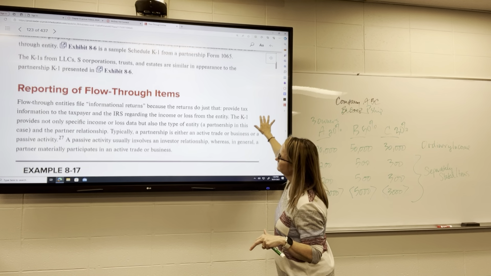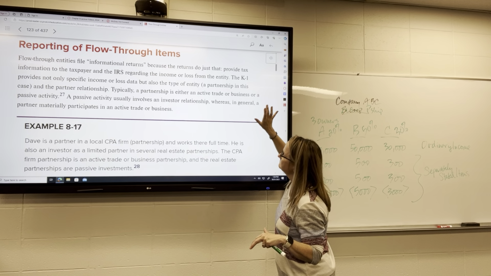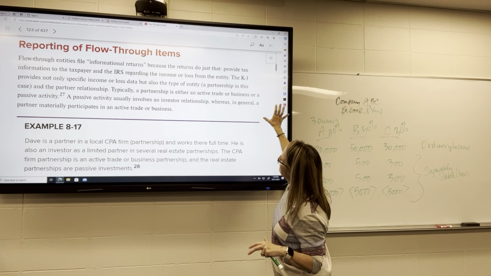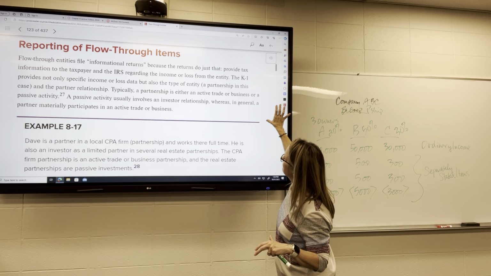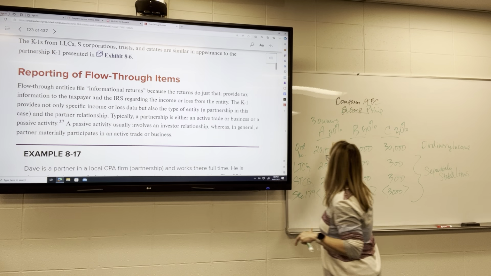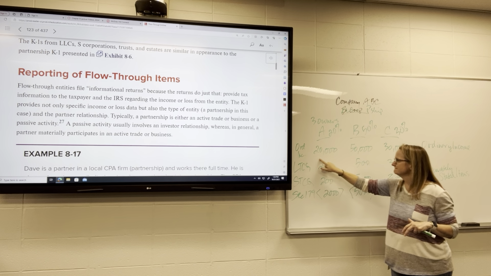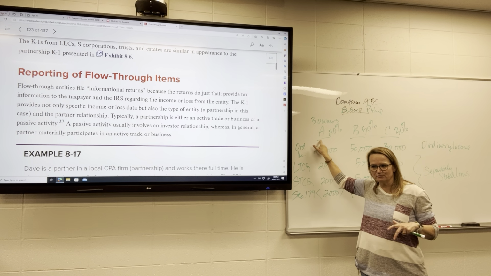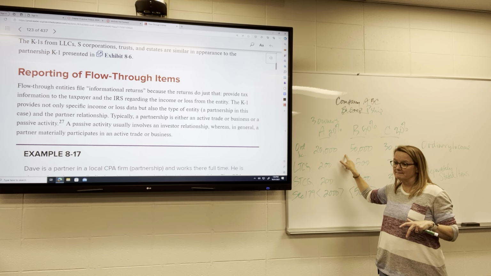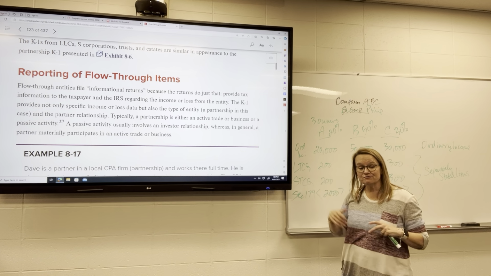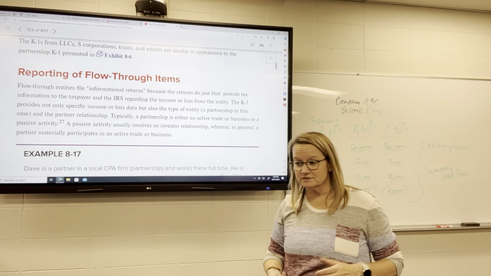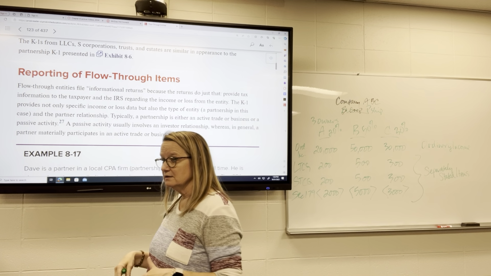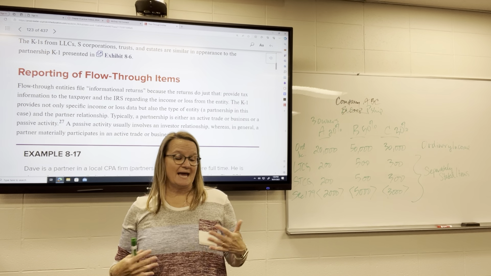Okay, so this income may be subject to self-employment tax, or it may not. If the individual is providing services to the company, then it's considered to be active income.